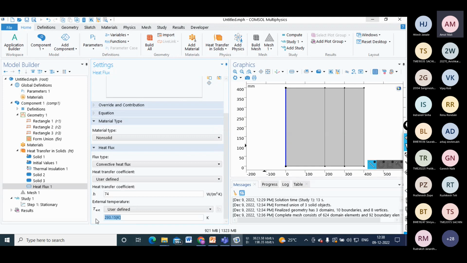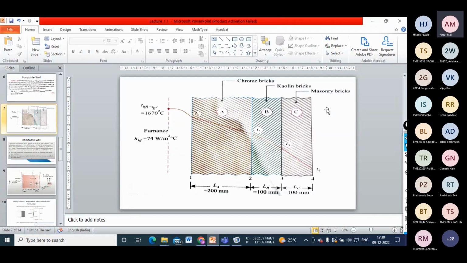How much will be the temperature? 1670. Okay. So we have given the convection properties to the inner side. Next we'll see what properties we need to provide at the outer boundary.